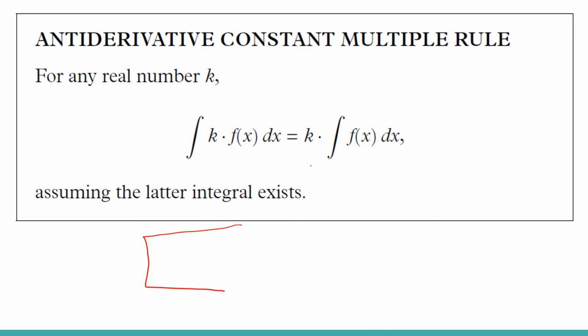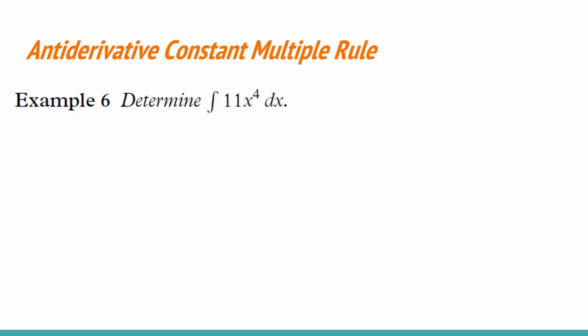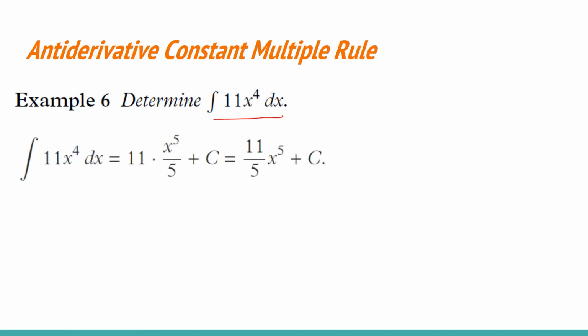So how will we apply this one? Example, the integral of 11x raised to the power of 4 with respect to x. So here's the answer. 11 is a constant, so it will not be included in the integral.